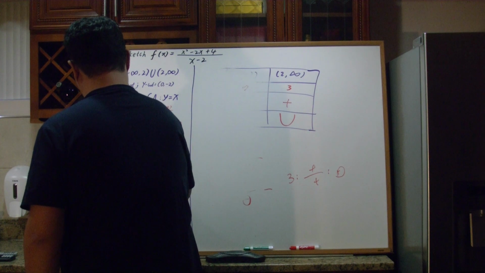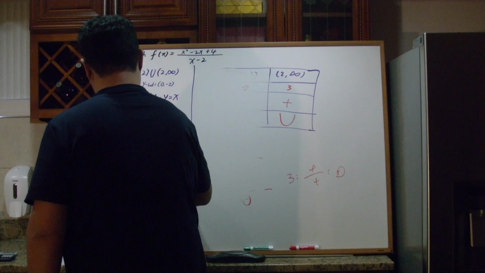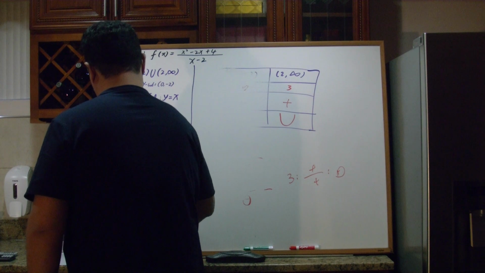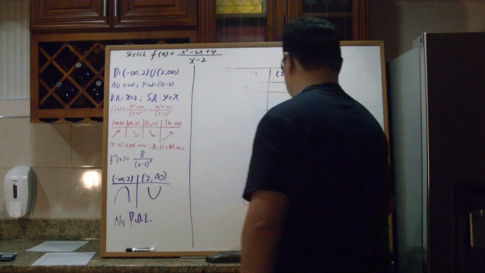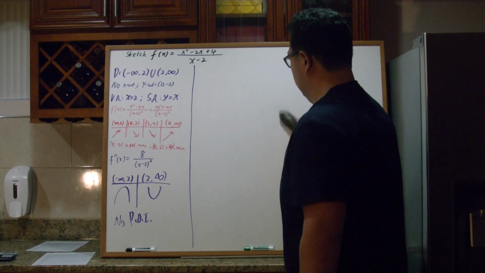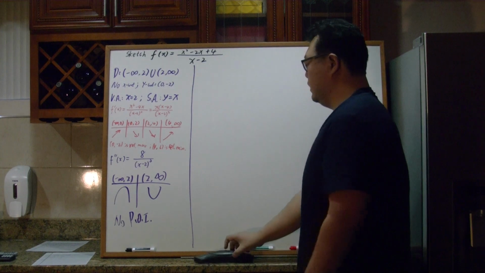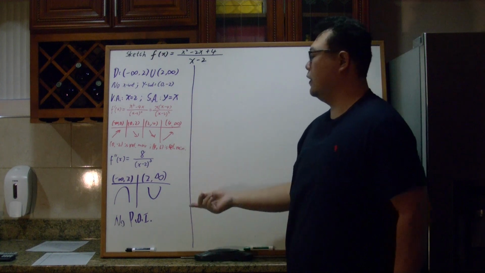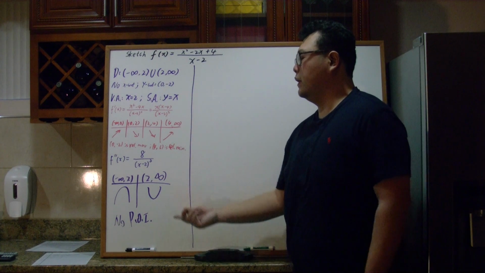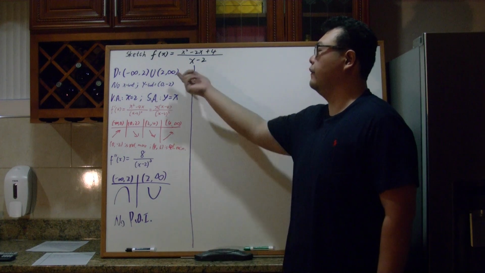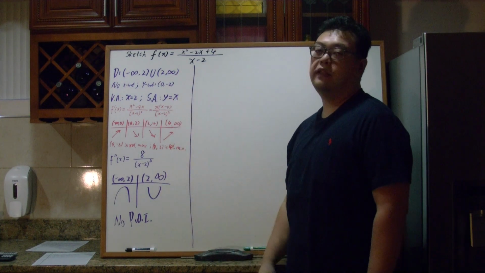From negative infinity to 2 and 2 to infinity, that's concave down and concave up. We don't have a point of inflection. So finally, we just wrap up together: the increasing decreasing intervals, the concave up concave down intervals, the extrema, the point of inflection, the intercept, and the asymptotes.